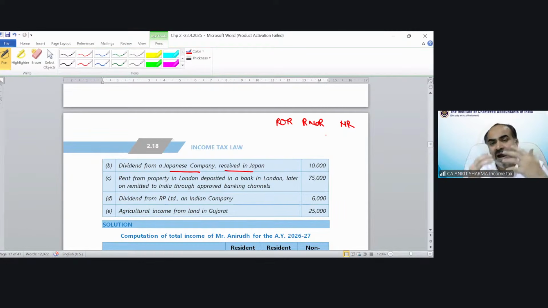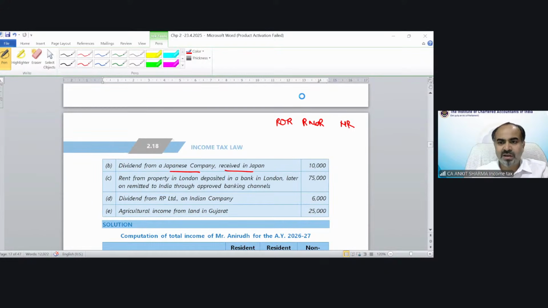So first of all, identify where the income has arisen, where the income is received, and the control. So income has arisen in Japan because it is a Japanese company, received in Japan, and if control is not given in the question, assume always outside India if the income arises outside India. So accordingly, what should be the correct answer in this case?